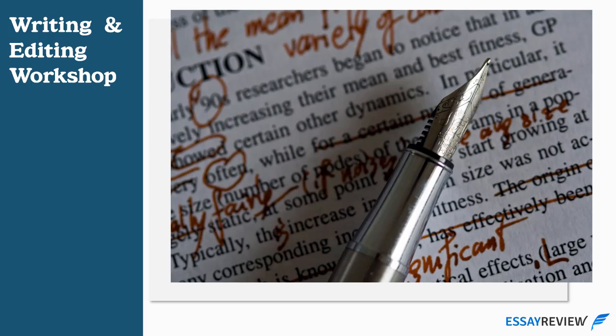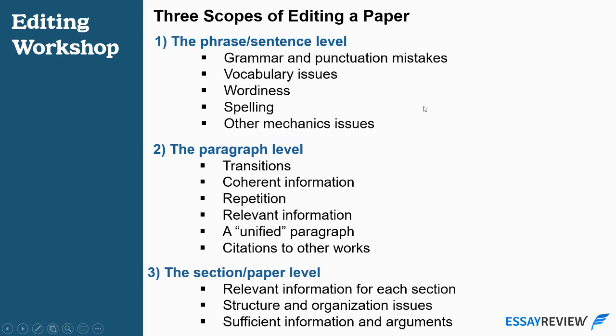Okay, so let's move on to the writing and editing workshop. So if you can take a look at your worksheet, this will be similar to what we've done in the quiz, but I want you to actually take out your pencil or pen and practice making these changes yourself. So I've broken these down into 3 scopes of an editing paper: the phrase sentence level, the paragraph level, and then the section.